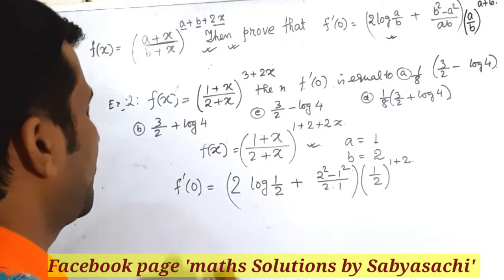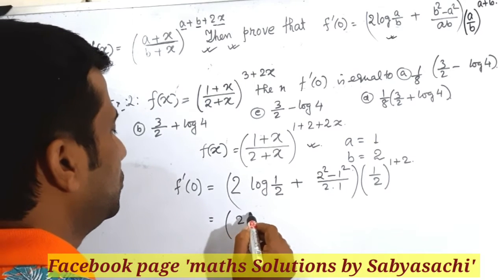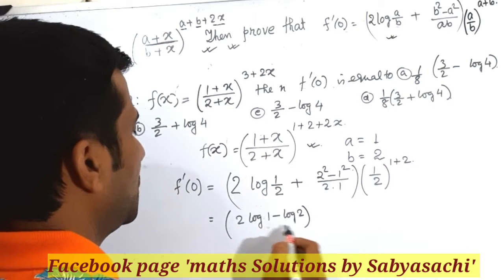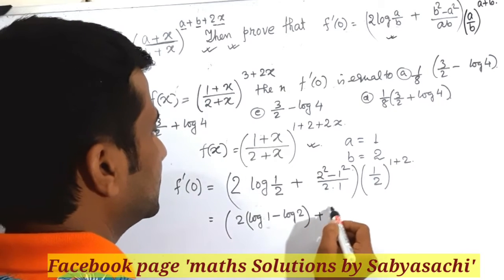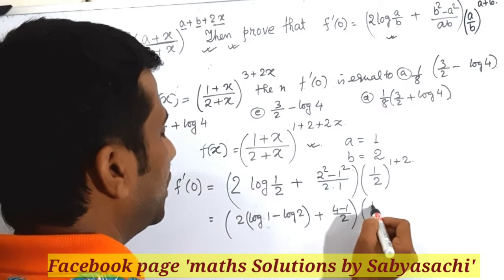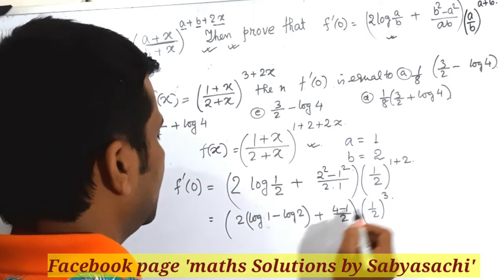That means 2 (log 1 minus log 2) plus (4 − 1)/2 into (1/2) to the power 3.